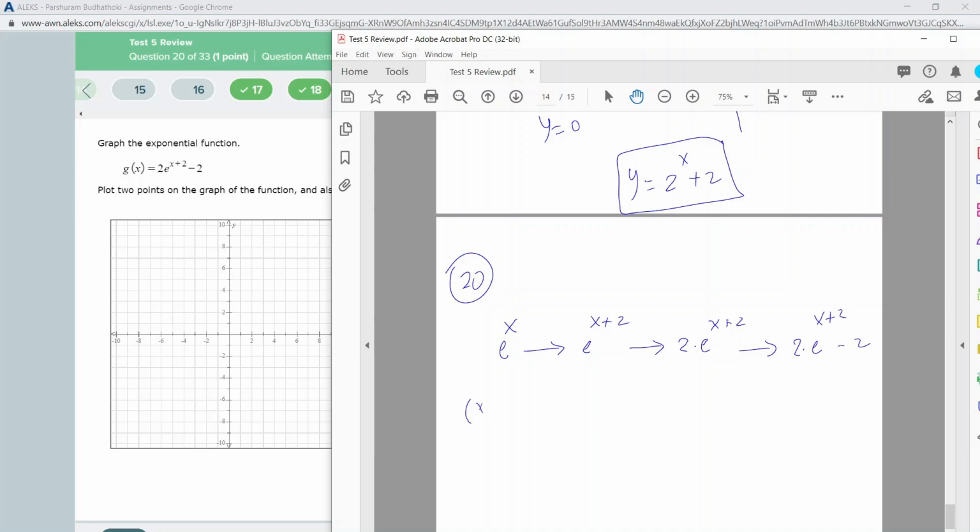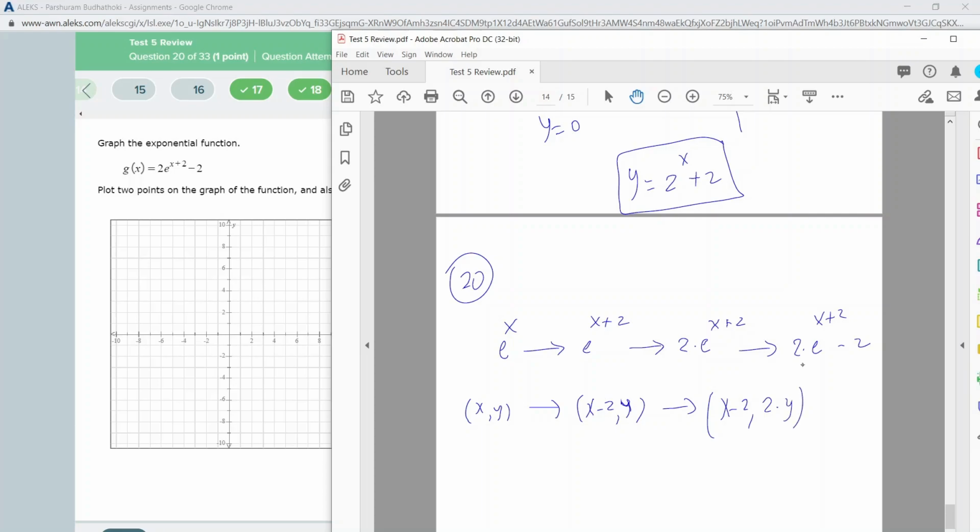So if (x, y) is a point on this graph, this horizontal shift means it's (x minus 2, y). As you can see, you are adding 2 to the x coordinate, that means you are actually subtracting. Then you are multiplying the y coordinate of the previous stage by 2.